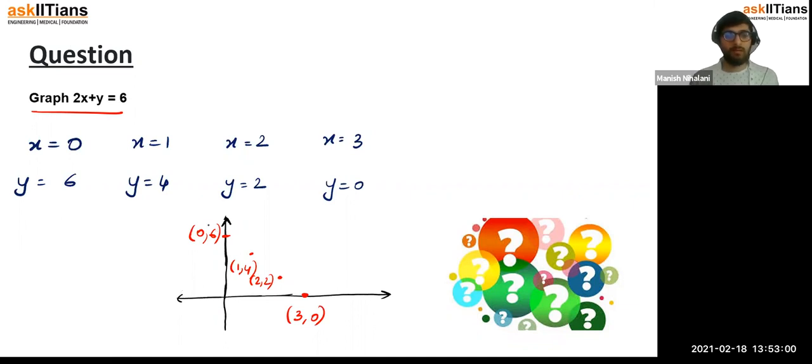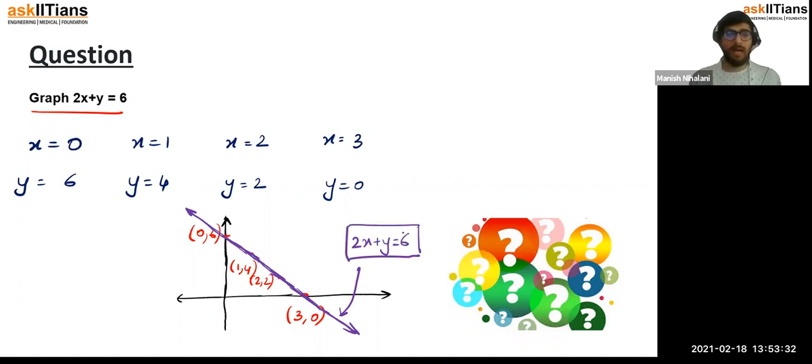When we connect these, we would say this is the graph of 2x plus y is equal to 6, that is a straight line, right?